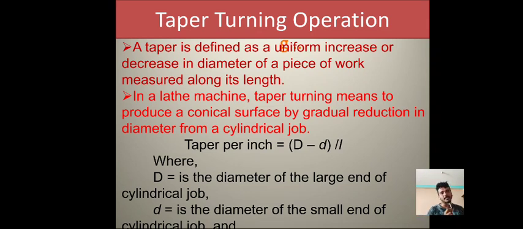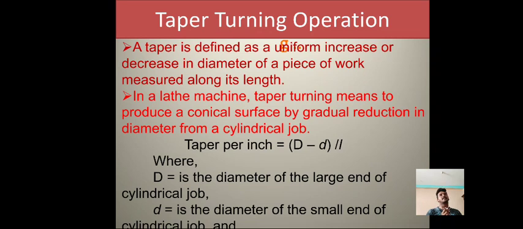We need to find out at what exact angle we must start machining the bevel of a taper, so the taper per inch equals D minus d divided by L.